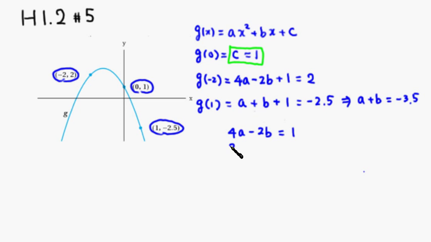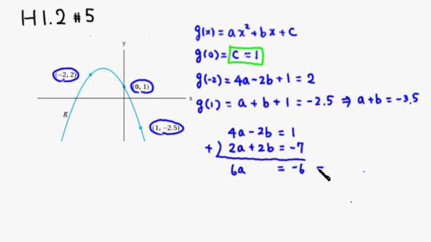So you have 2a plus 2b is equal to negative 7. Then we can just add them together. 4a plus 2a is 6a, the negative 2b plus positive 2b cancel out, and 1 plus negative 7 is negative 6.